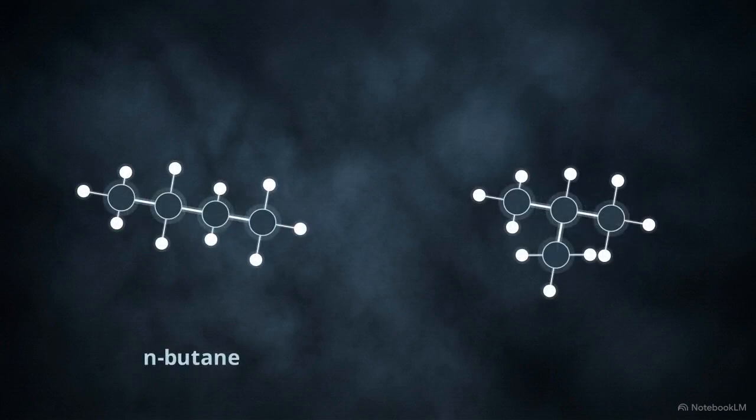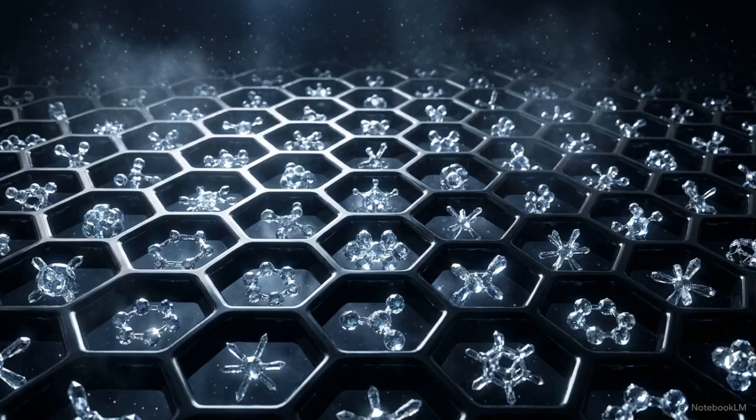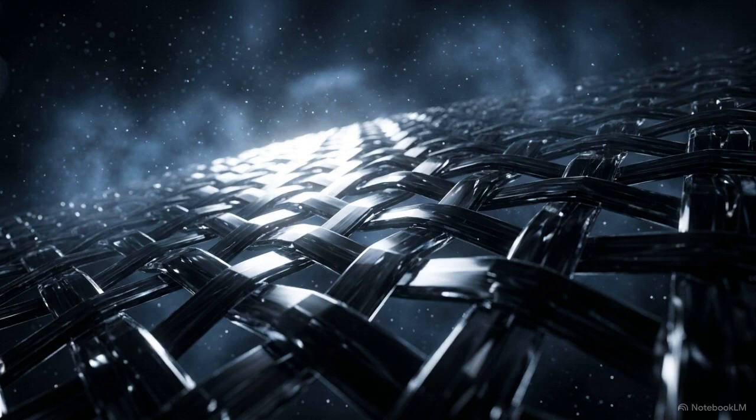This allows the same 4 carbon atoms to form a straight chain, like N-butane, or a branch structure, like isobutane. The combination of infinite catenation and structural isomerism allows carbon to generate millions of unique compounds using a very small set of starting rules. Carbon functions as a highly adaptable system for building complex, stable structures.